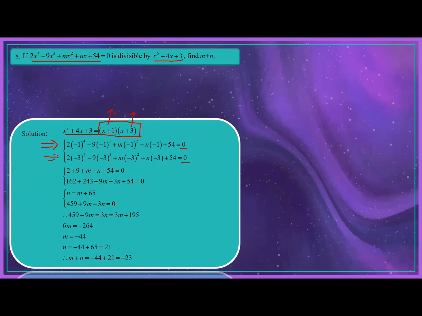Here you have x equals -1, and here you have x equals -3. You substitute, and you have these two equations. Solving for m and n, you have m equals -44 and n equals 21. So adding these two, you have -23. Okay, so factor theorem here.